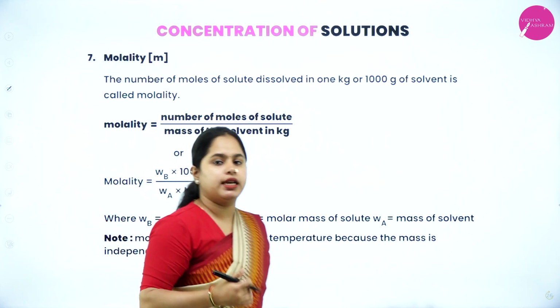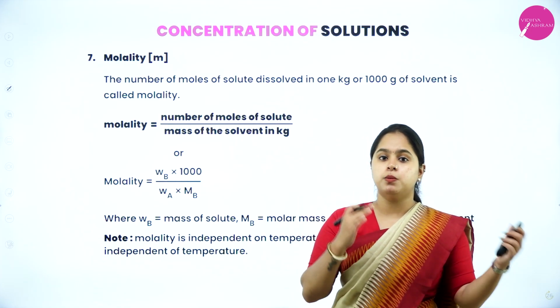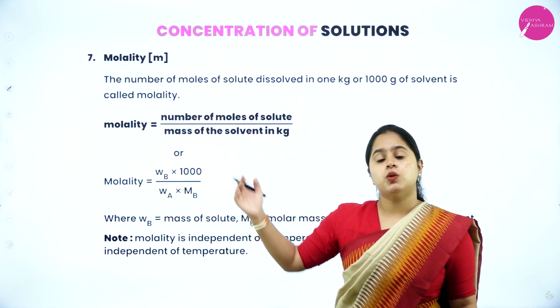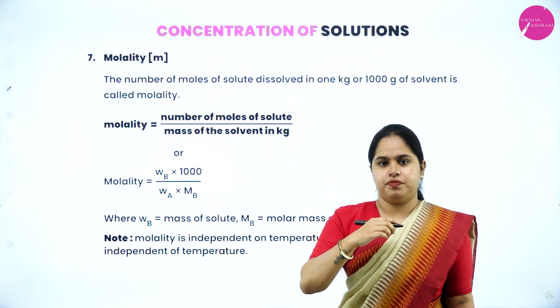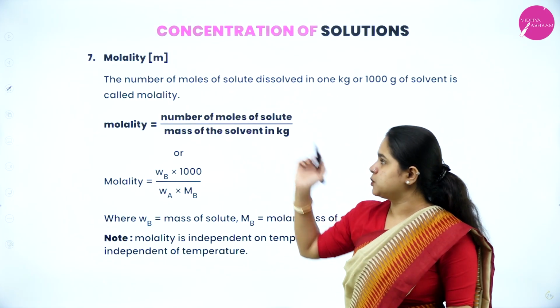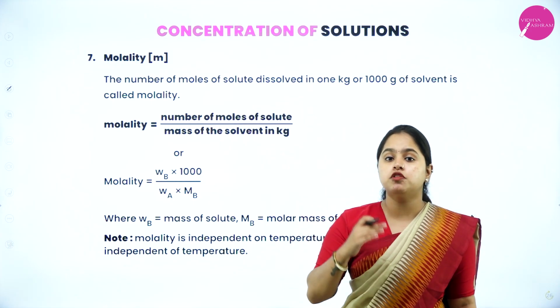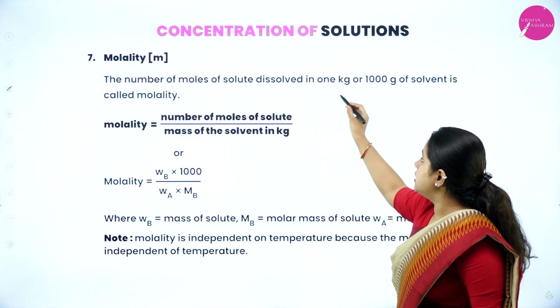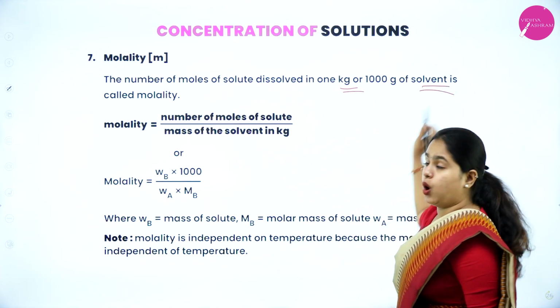Now moving on to the next concentration term, that is molality. Yes, it is different, molarity and molality. Now molality is represented by the symbol small letter m. Molarity is capital M and molality is small m. Now what is the difference? Molality is the number of moles of solute dissolved in 1 kg of the solvent.